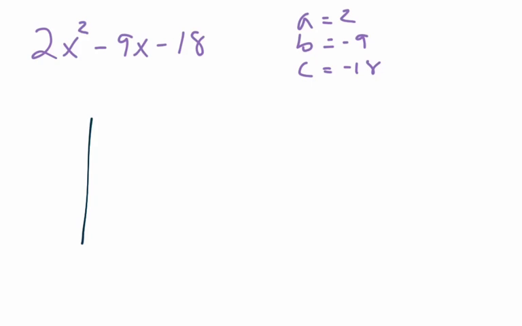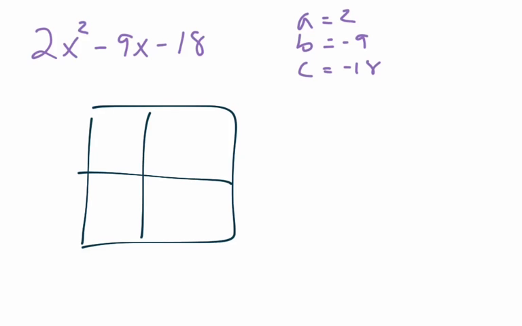So example 6 is 2x squared minus 9x minus 18. Just note that a is equal to 2, b is equal to negative 9, c is equal to negative 18. Set up your rectangle. Put in your squared, put in your constant. Now, this time we actually do have some multiplication that we need to do.